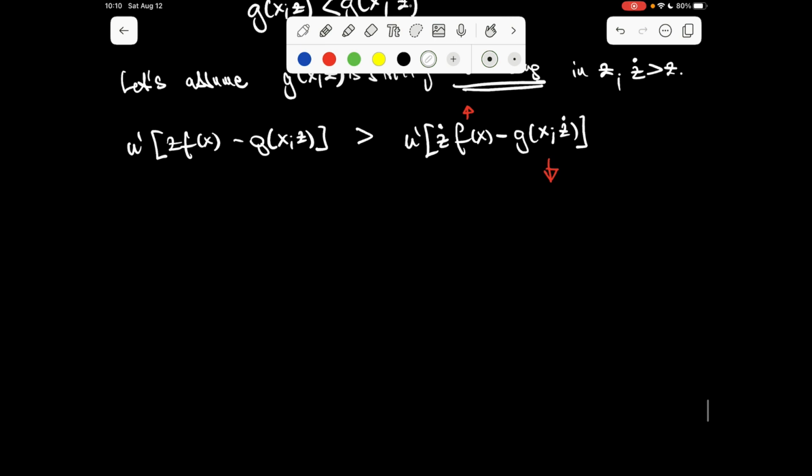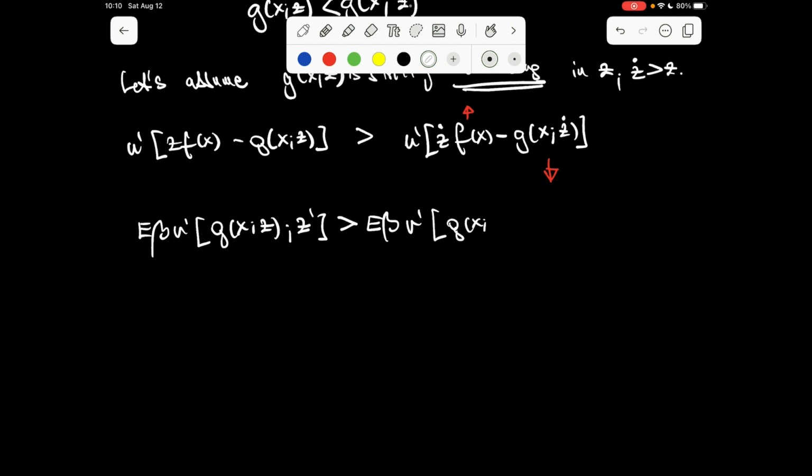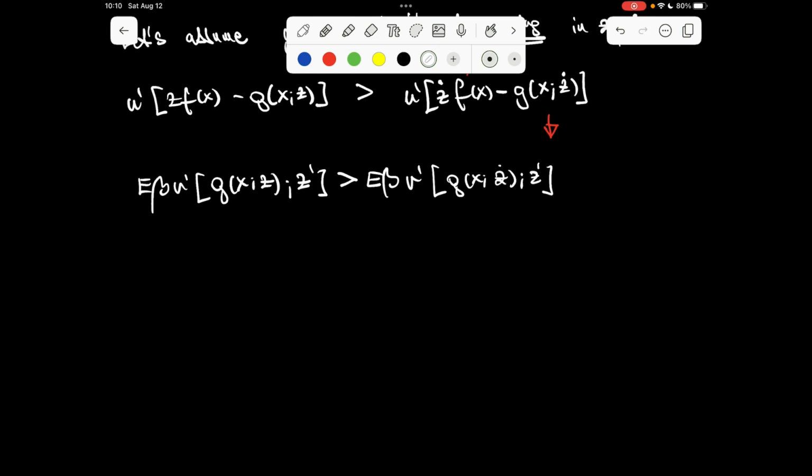From the first order condition, it follows that we have a relation regarding the marginal utility functions, and by using the concavity, strict concavity of the value function, which we have already demonstrated, we receive this relation, which is a contradiction.